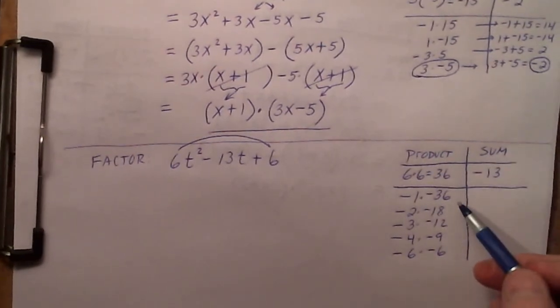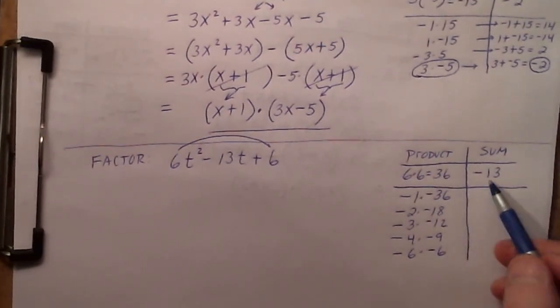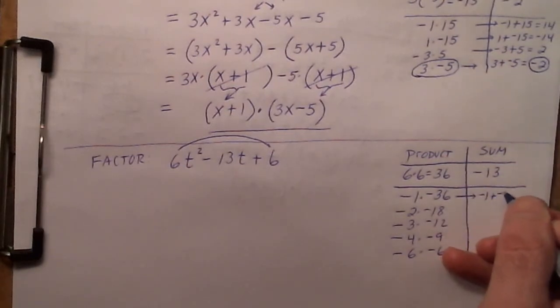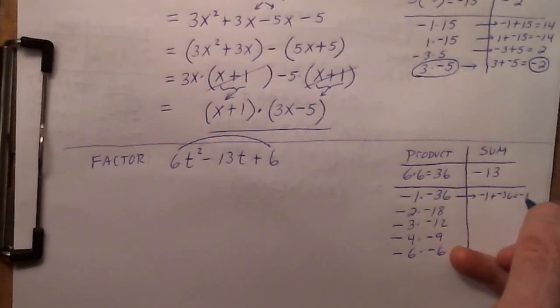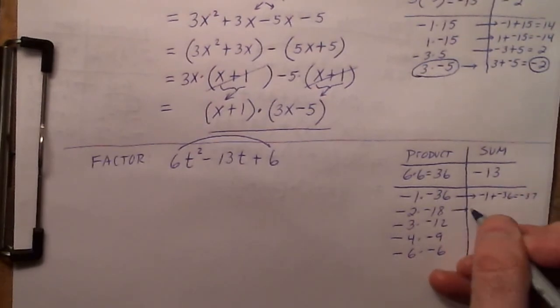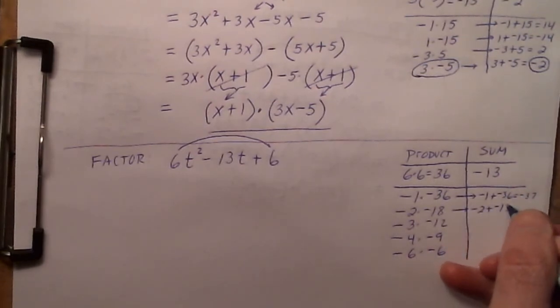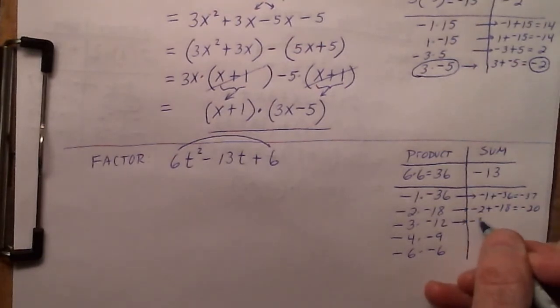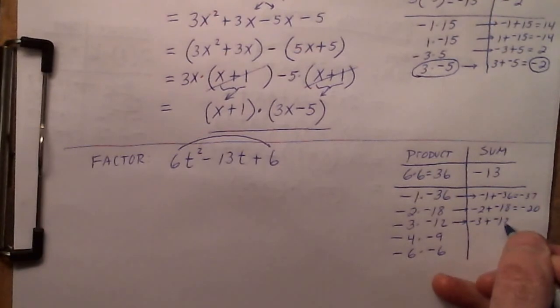Now we're searching in this list for a couple of factors that sum up to negative 13. It's certainly not negative 1 and negative 36, as these add up to negative 37. It's not negative 2 and negative 18, as these add up to negative 20. Is it negative 3 and negative 12? Well, these sum up to negative 15.